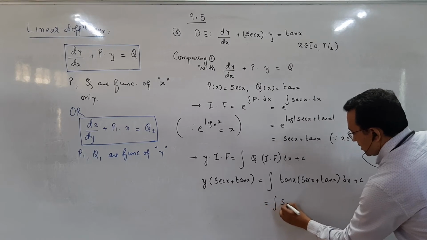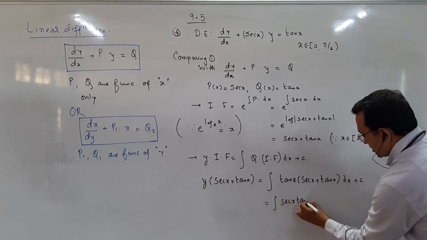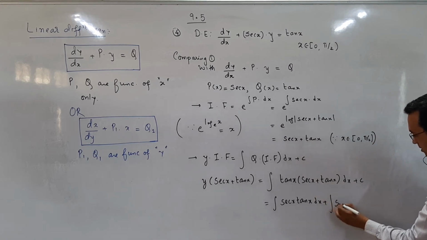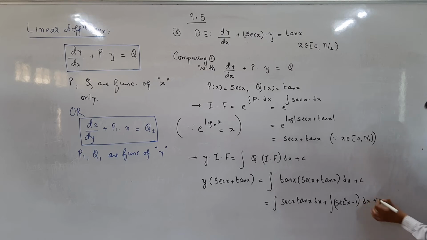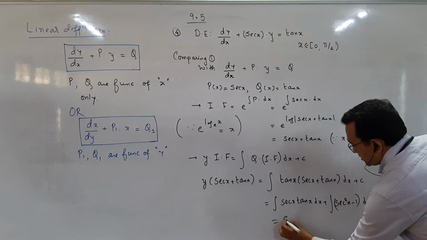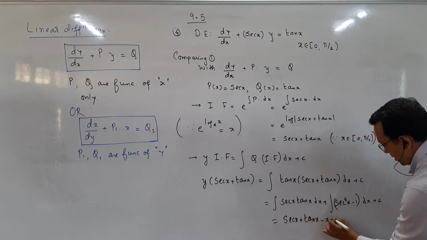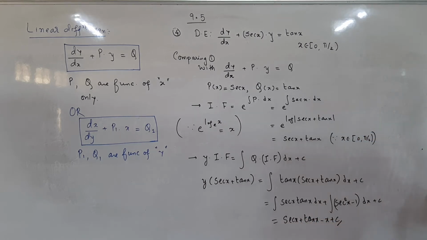So this is integration of sec x tan x dx plus integration of tan square x, which is replaced as sec square x minus 1. And so we get this as sec x plus tan x minus x plus c. This is the general solution, the GS.